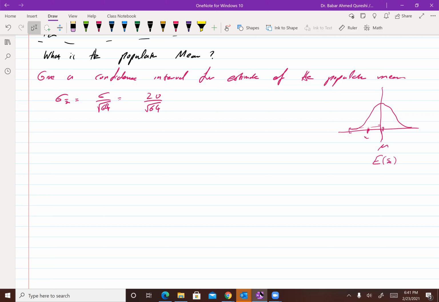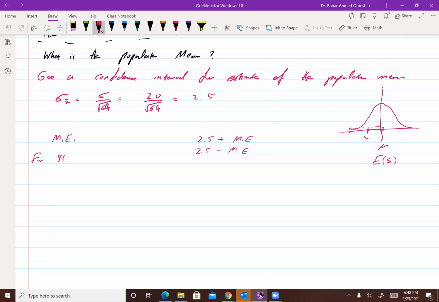So the standard error is just the standard deviation of this. Then the margin of error: you have to add something to it and subtract something from it. That is the margin of error, depending on the confidence you're putting in.